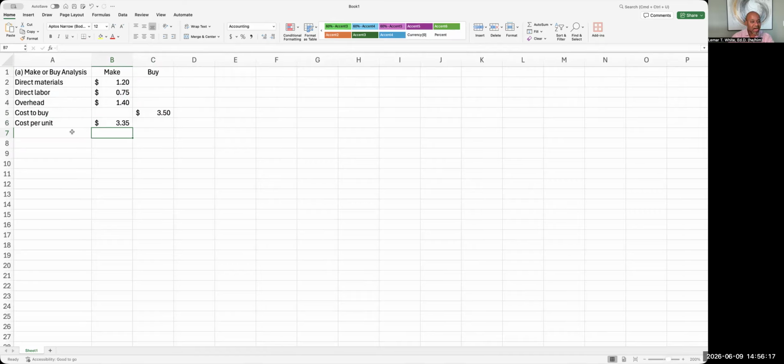So if we look at the cost difference, we subtract these two numbers, and we can see immediately that if we buy it, it costs $3.50. If we make it, it costs $3.35.